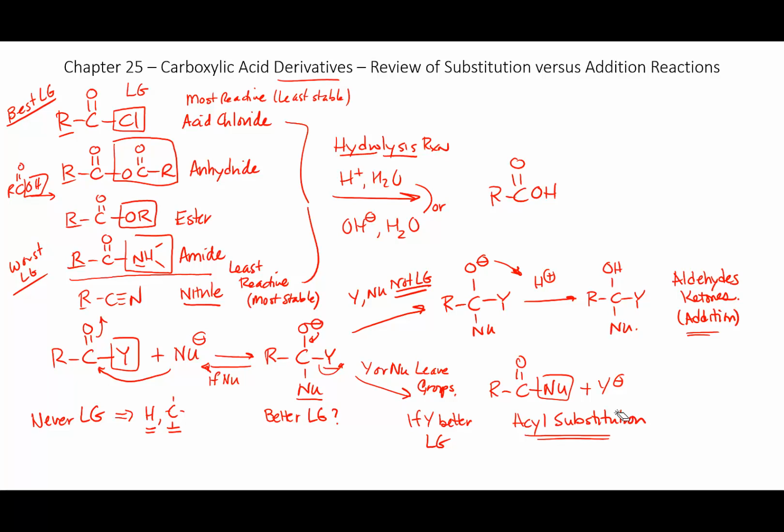Is the nucleophile potentially a leaving group? Which one's a better leaving group, the nucleophile or the Y group? Am I stuck at this position because I'm in an equilibrium, because the nucleophile is better than the Y group? Can I move forward because Y is a better leaving group than the nitrogen?